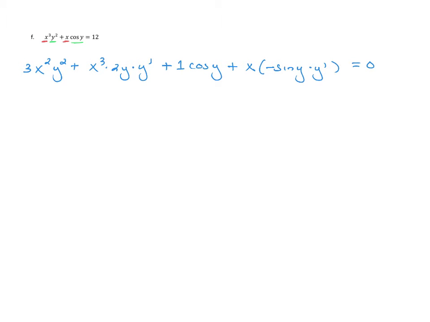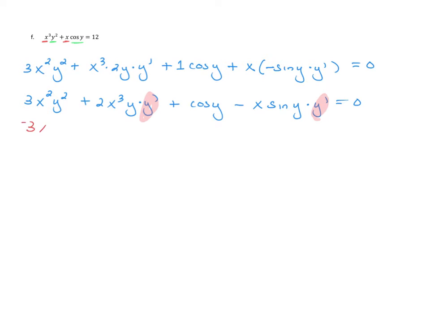All right, let's simplify this a little bit, or at least rewrite it. We get 3x squared y squared plus 2x cubed y times y prime. Here I'm just going to put cosine of y, and I'll call this minus x sine y times y prime, and that's equal to 0. The y primes are here and here. Okay. What now? Okay, so what I want to do is subtract this 3x squared y squared from both sides.